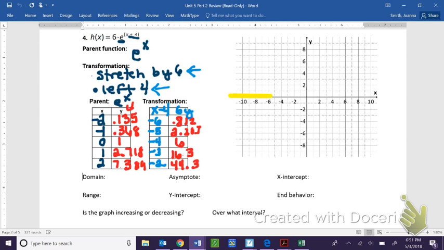So my asymptote will be at the x-axis, y equals 0. Right there at the origin. So now I feel comfortable graphing my transformation table.